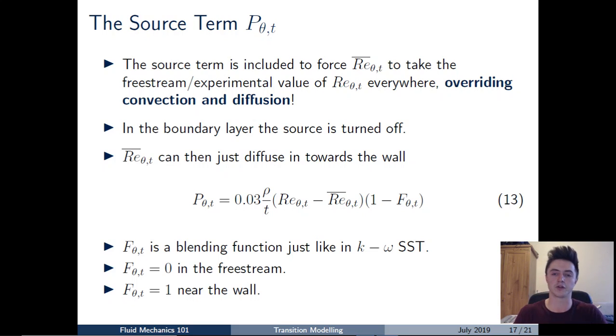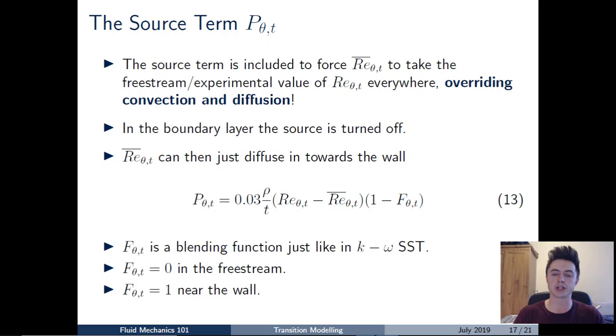But if we take a look at the form of the production term there in equation 13, what we see is that there's a blending function f of theta, which is similar to the blending function in the k omega SST model, and it takes a value of 0 in the free stream and 1 near the wall. So when we're near the wall, the blending function is 1 and the production term is turned off. And what that means is we're near the wall and the free stream value can convect and diffuse in from the free stream to the wall.